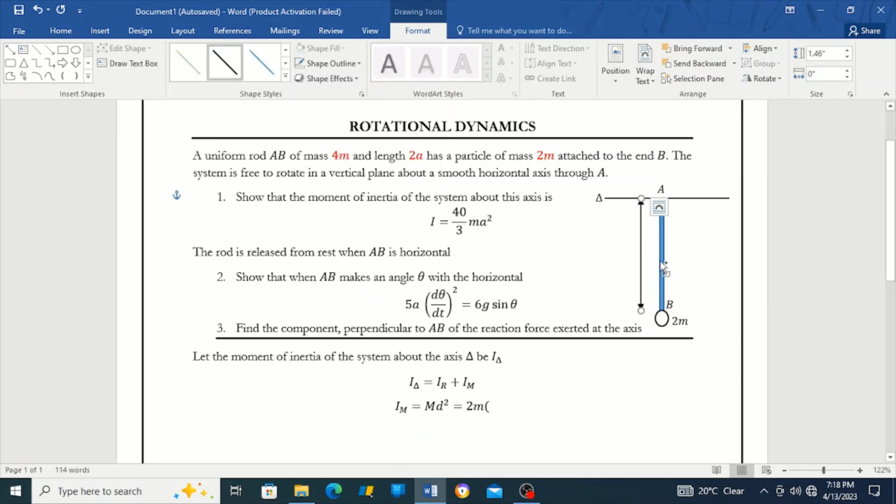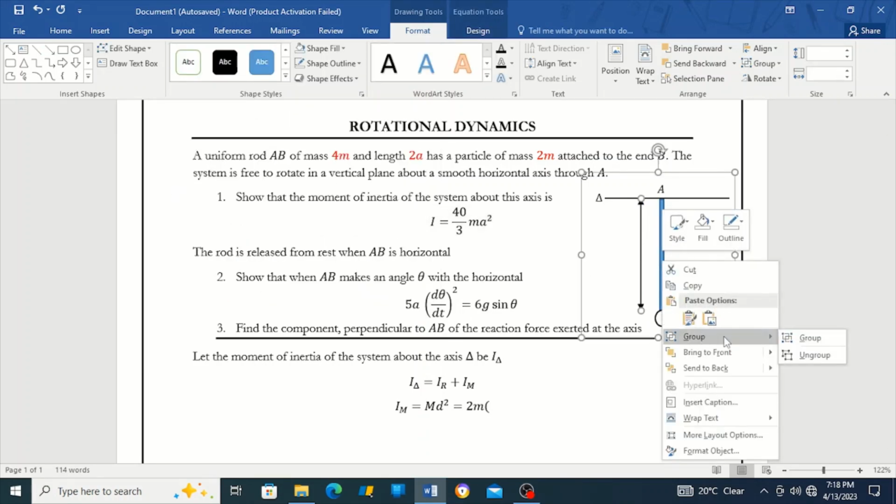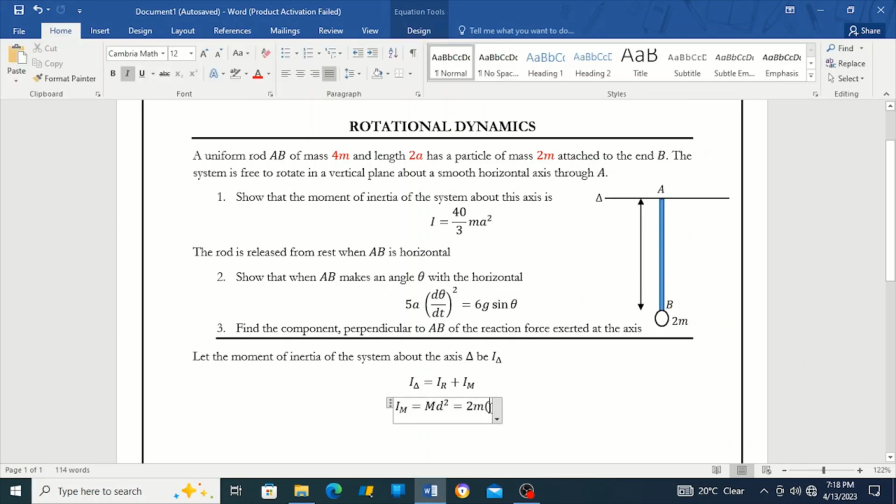So that distance D is the length of the rod, which is 2a. We need to square it, so we have 2m times 4a squared, which gives us 8ma squared.